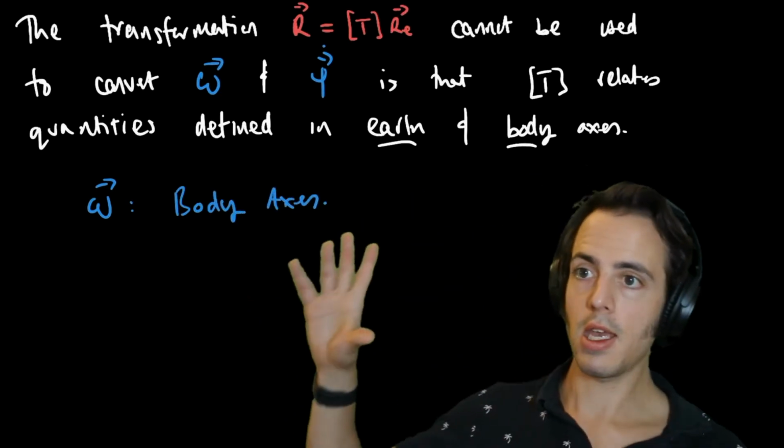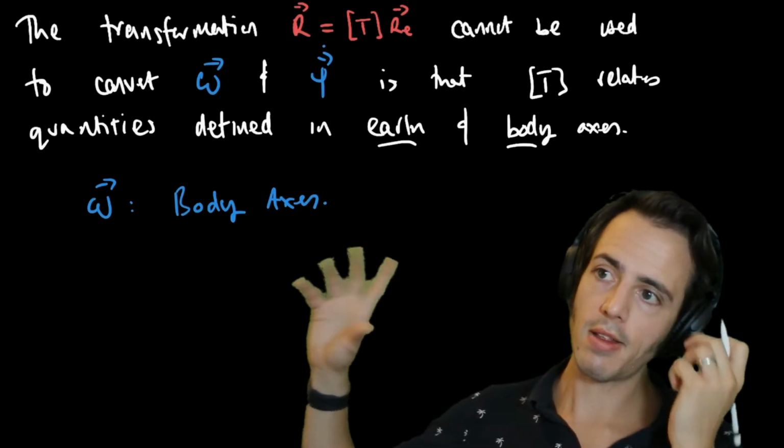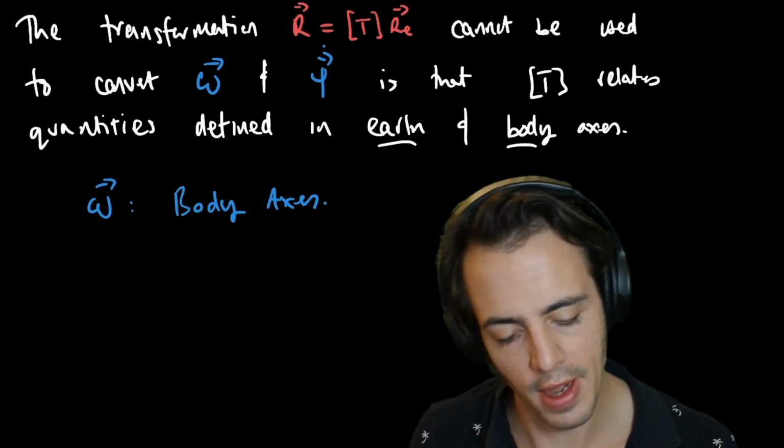So the body rates are all defined in body axes. There's a clue in the name there.